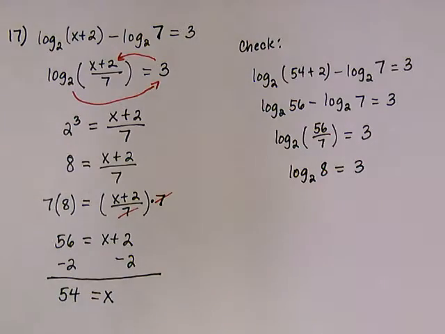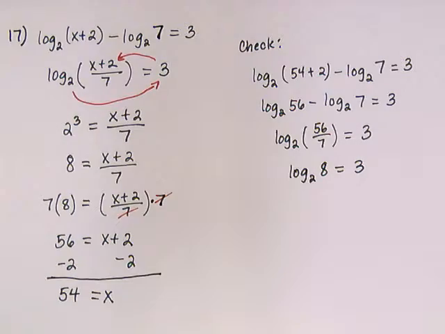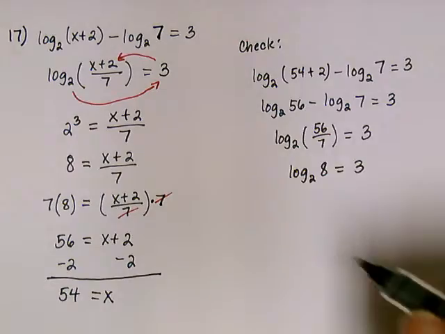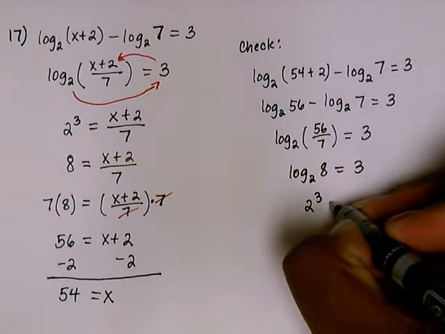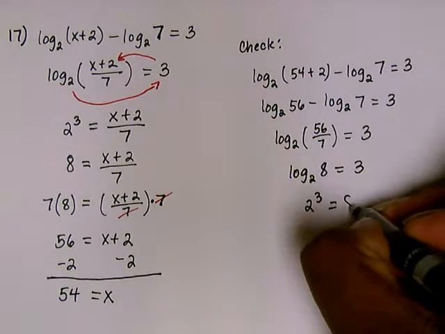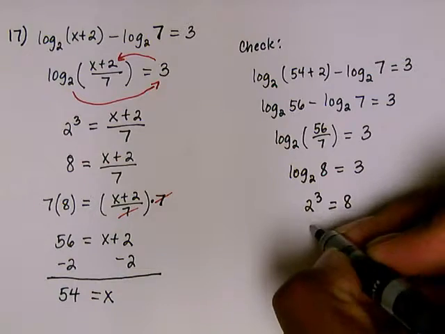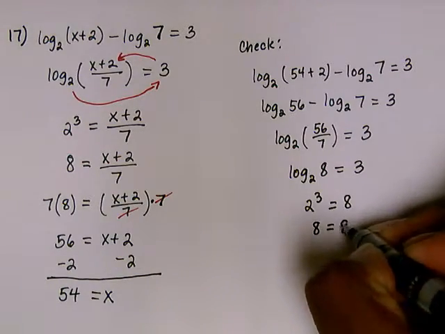Now I'm going to write that in its equivalent exponential form. So the subscript for the 2, for the log, will be your base, that's 2 to the third equals that 8. Now if you multiply 2 times 2 times 2, which is what 2 to the third is, that would give you 8.